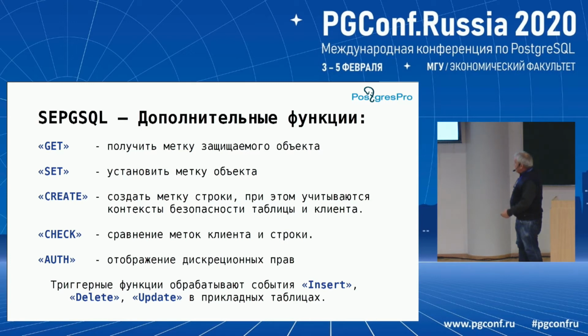Check is comparison of client labels and the string labels. Auth is not anything new. It's not reinventing the wheel because discretionary rights are ahead of SELinux. It's important to understand what they restrict. If something goes wrong, what do they have inside of them?